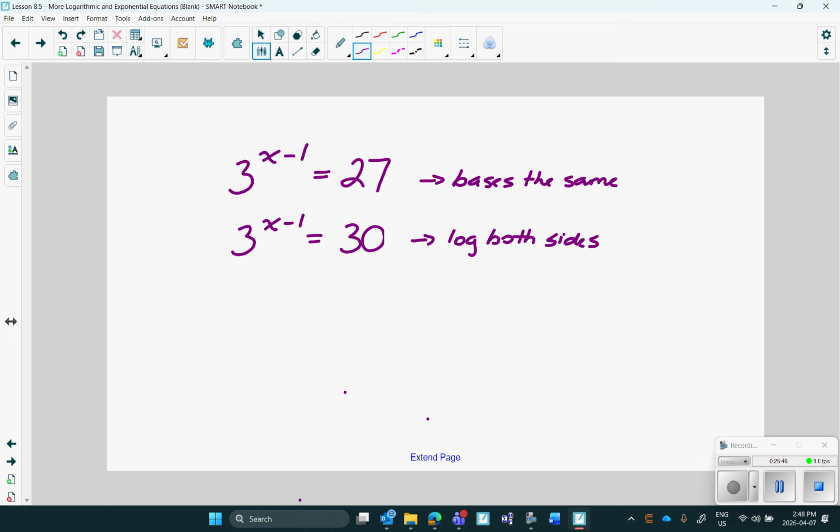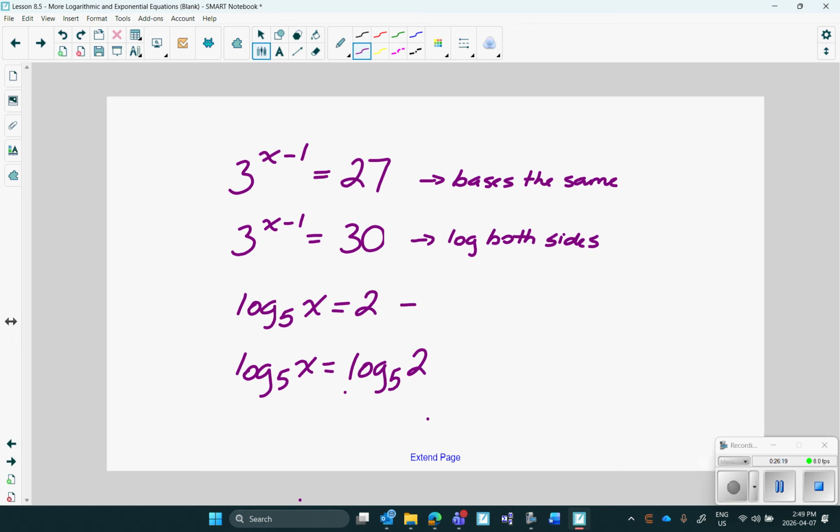Right? There's two types of log equations. I'm writing very simple ones. There's a log equal to a number.